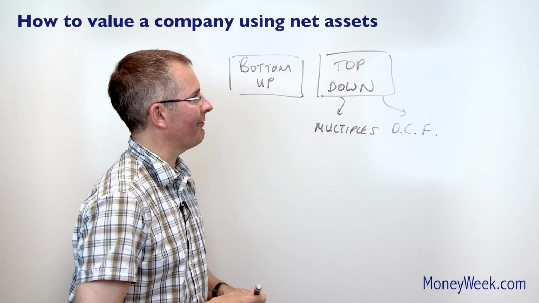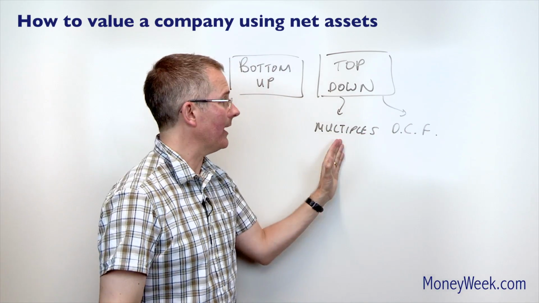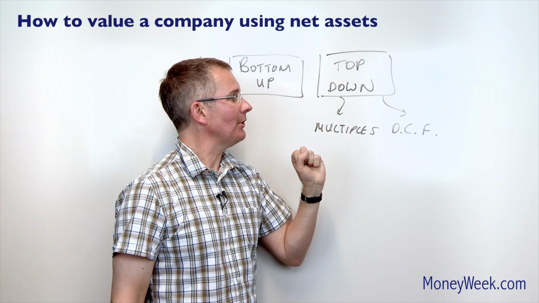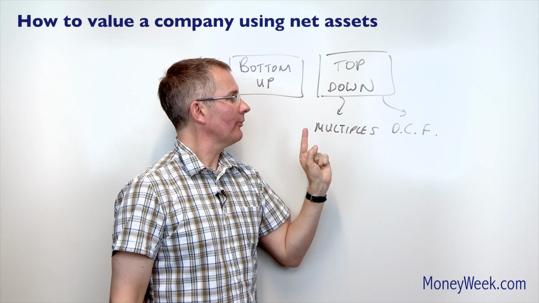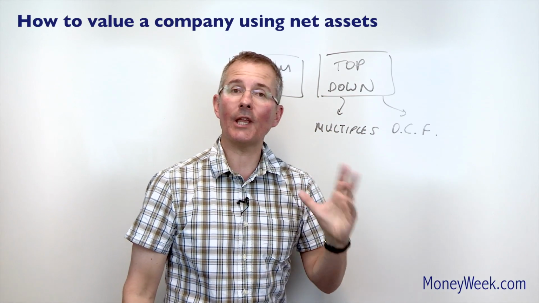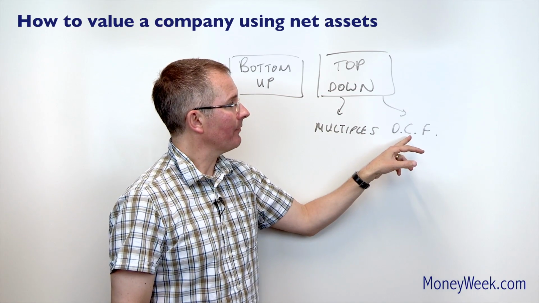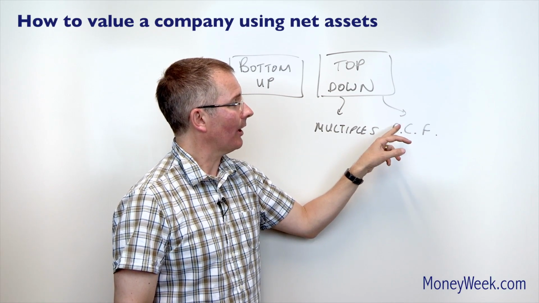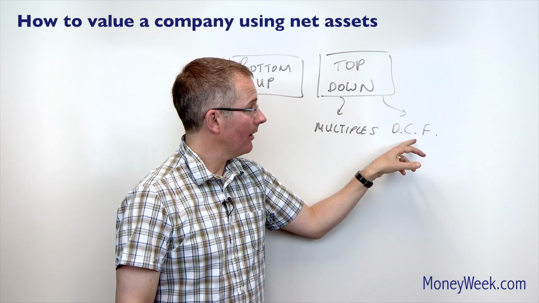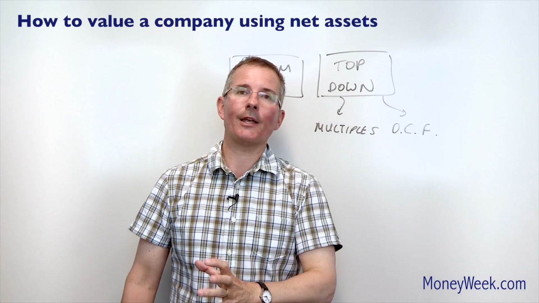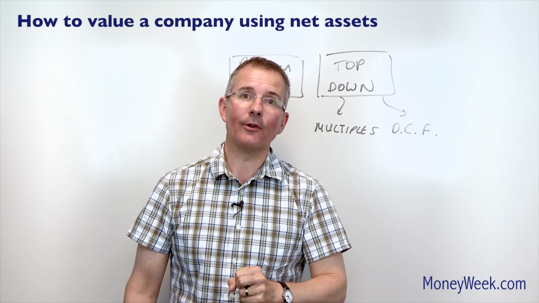Now, traveling rather fast because I may well take on these in other videos, but essentially you can use things like P/E ratios and price to sales ratios to extrapolate a value for a company that you're looking at. And you can use a thing called discounted cash flow, which is quite a meaty topic, which I may take on in another video if there are requests for that, and that is projecting future cash flows, bringing them back to today's money using a discount rate. Fairly hairy stuff.